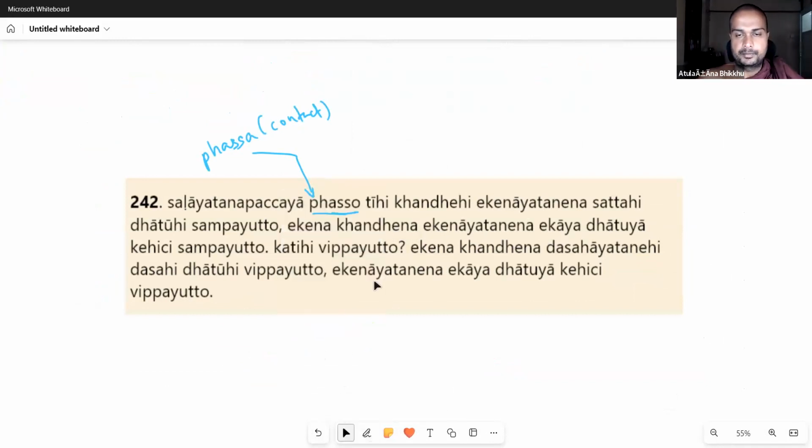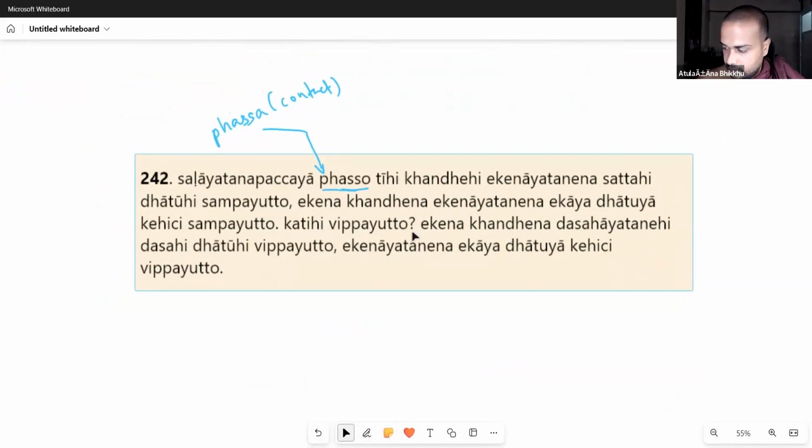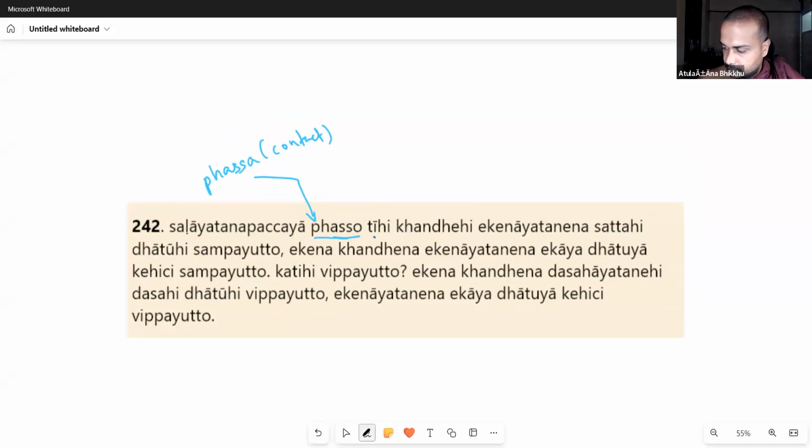It says tihi khandehi ekena ayatanena sattahi dhātuhi sampayutto. So tihi khandehi means with three aggregates. So what are those three aggregates? Phassa belongs to the mental factor, mental formations aggregate.